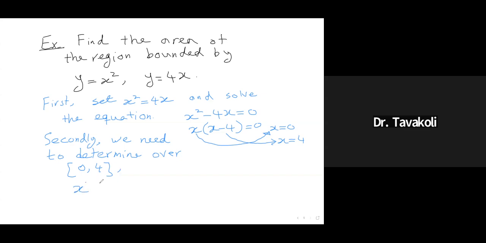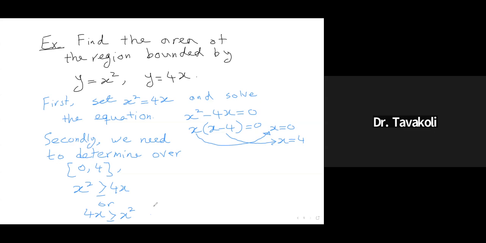X squared is more than or equal to 4x, or 4x is more than or equal to x squared. This is something we need to figure out. Which one is the correct one?